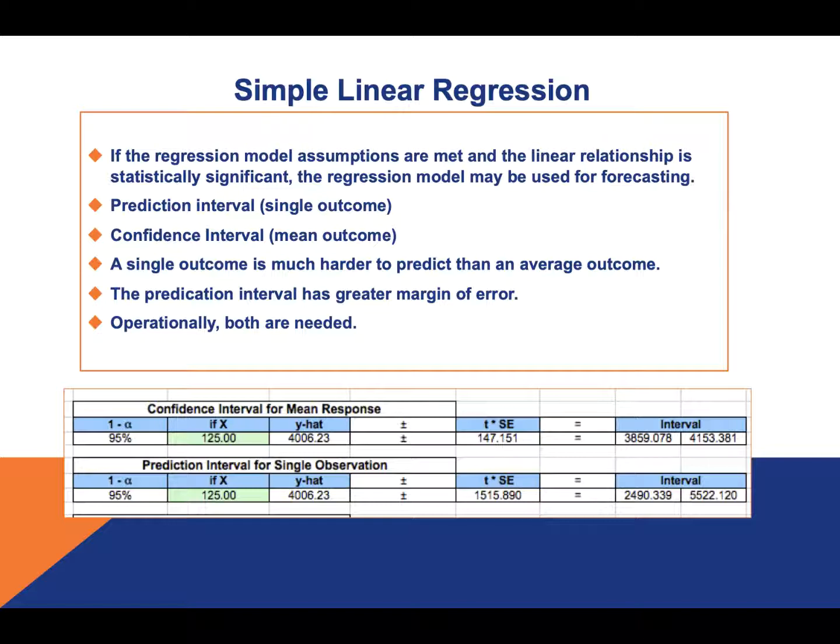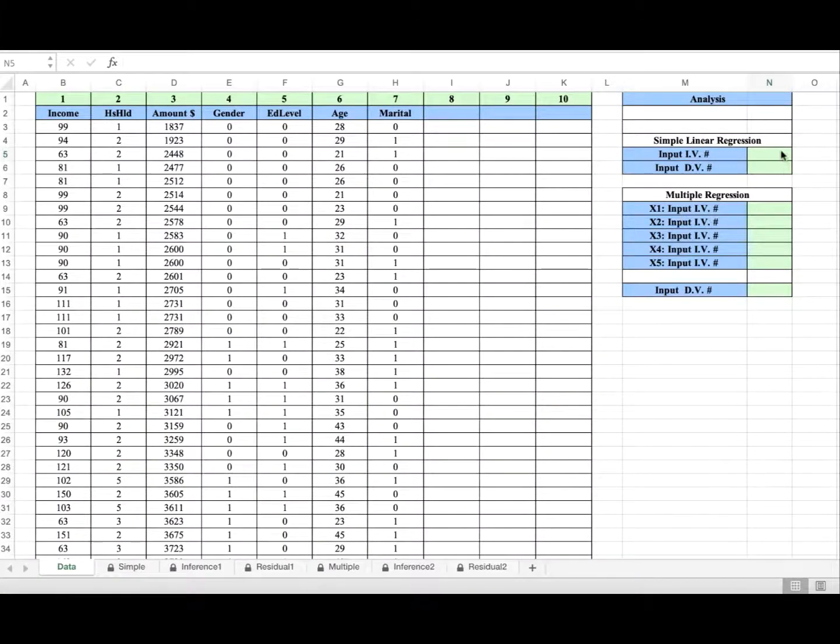The prediction intervals are much wider because forecasting a single outcome is harder than forecasting an average. Yet, operationally, both are needed. Let's go back to our Excel tool now to practice using our forecasting methods for simple linear regression.